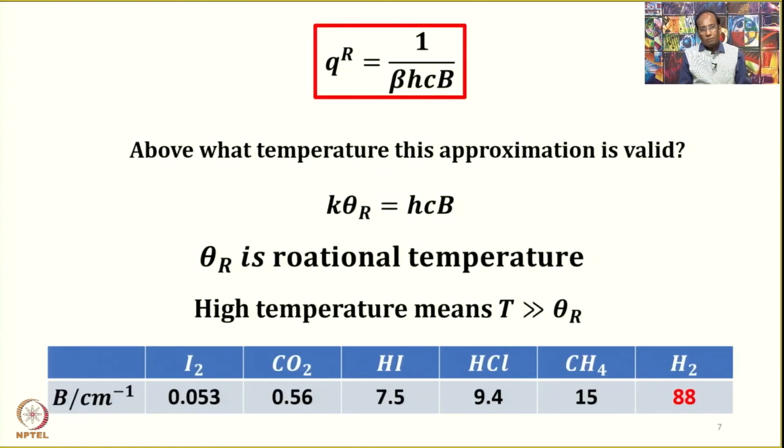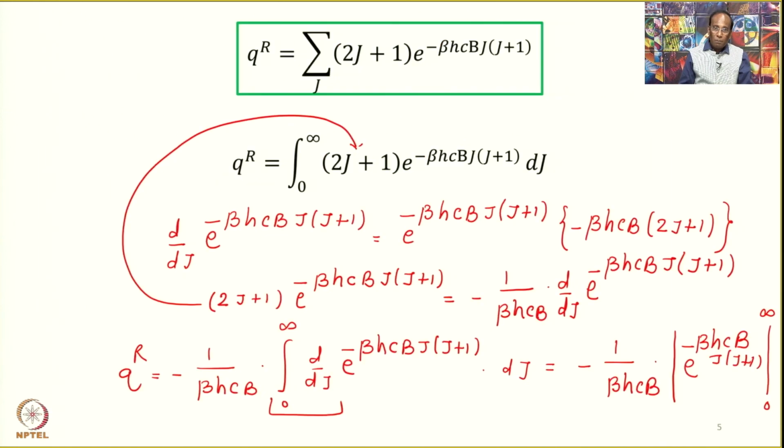So obviously the question is: above what temperature can this approximation be used? You remember that the expression for the rotational contribution to the partition function is actually this, and one can use the various values of J, use the rotational constant, and obtain numerically the value of the rotational partition function.